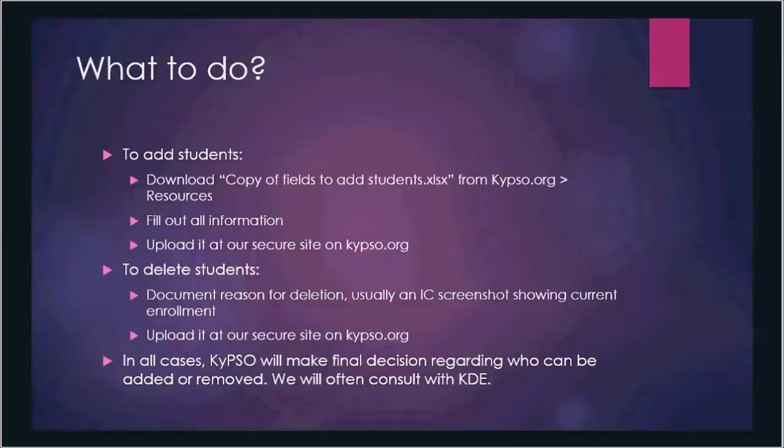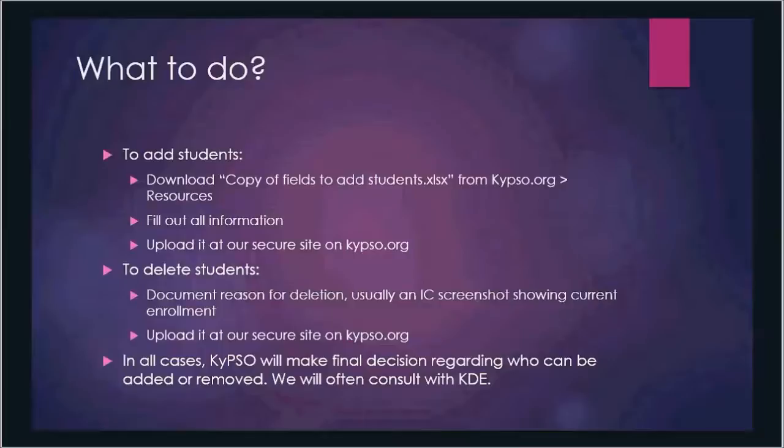If you want to remove a student from the yo-yo, that's a little trickier, just because, being under contract with KDE, I need to make sure that we are doing our job as diligently as possible and not just deleting people without having a really good reason to do so. So you will need to provide some kind of documentation to me that they don't belong in the yo-yo.